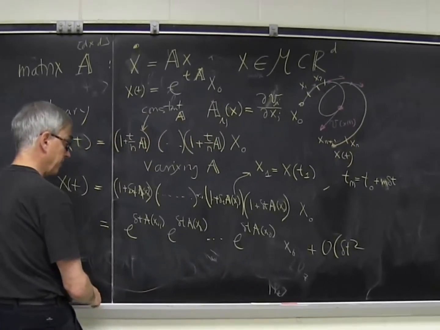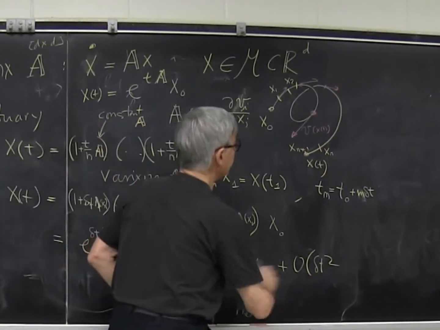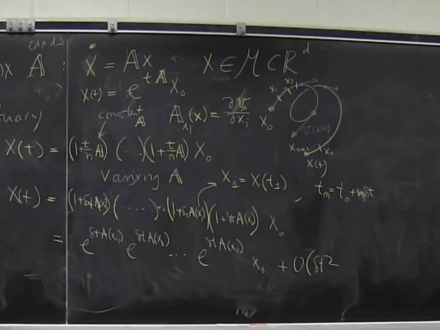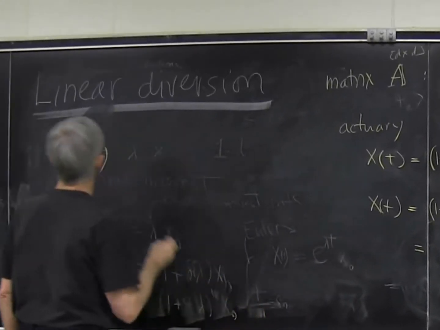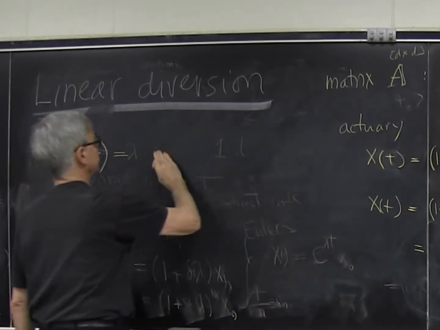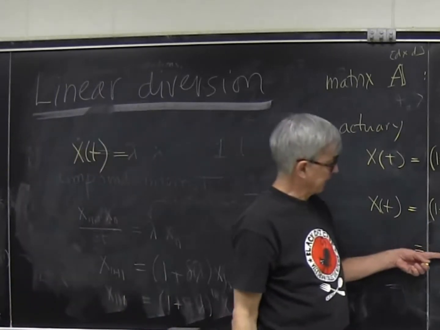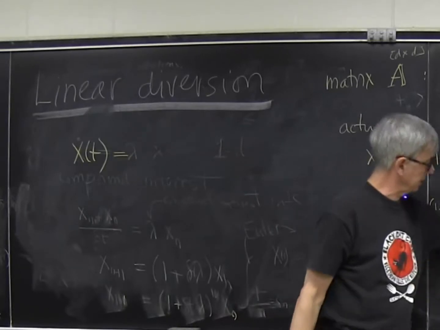So now if it makes you happy, and it apparently makes lots of people happy, you can now write an elegant formula. And you can say that x at time t is, these are exponentials, so just multiply them.